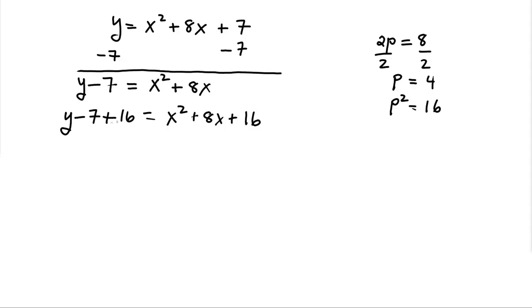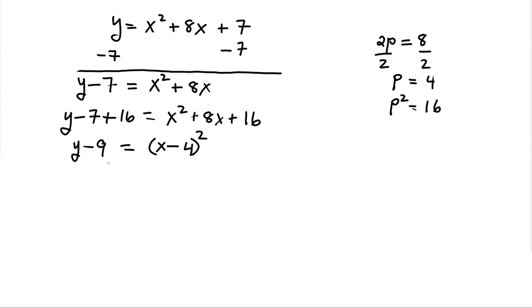This side I can just do the arithmetic: this is going to be y minus 9. And on the right, I now have a perfect square, which is x minus p, so x minus 4 squared. So that is factored.